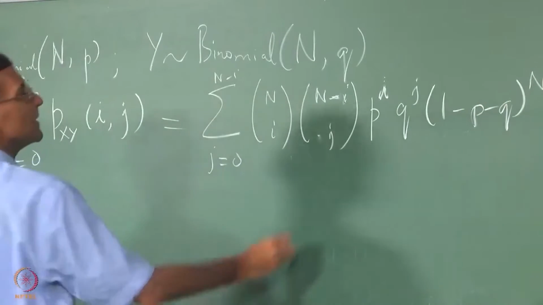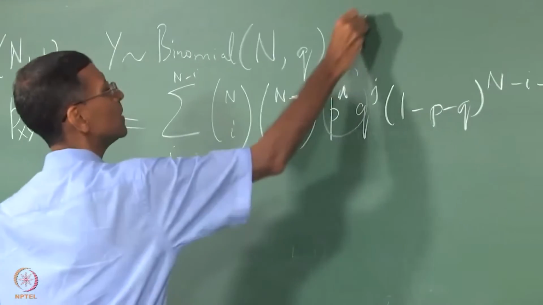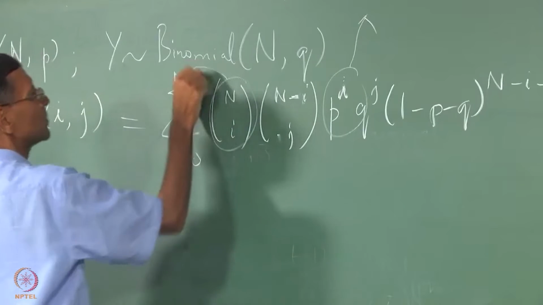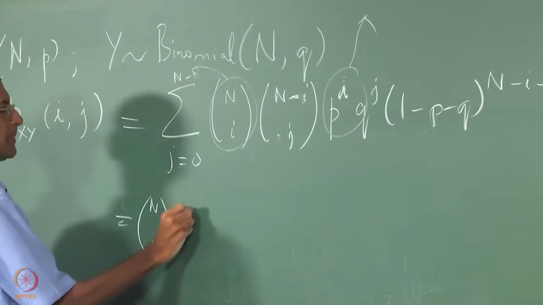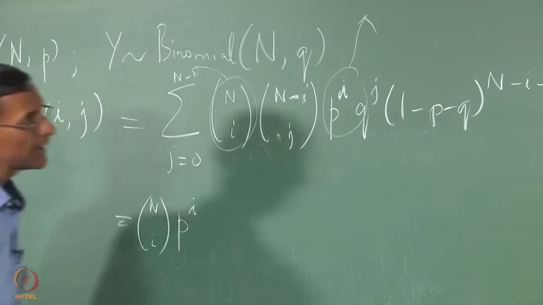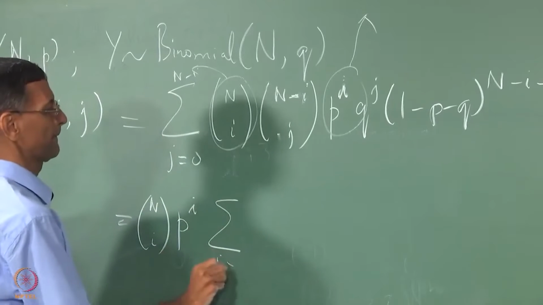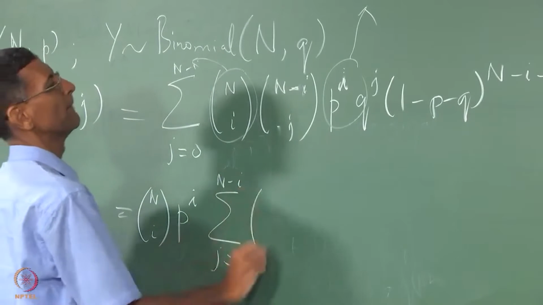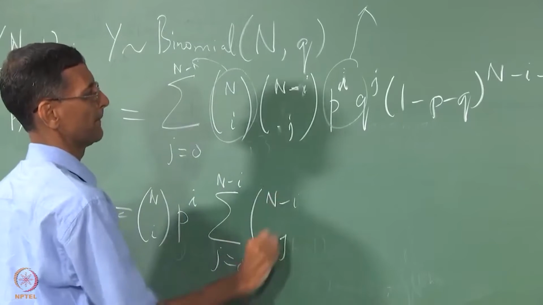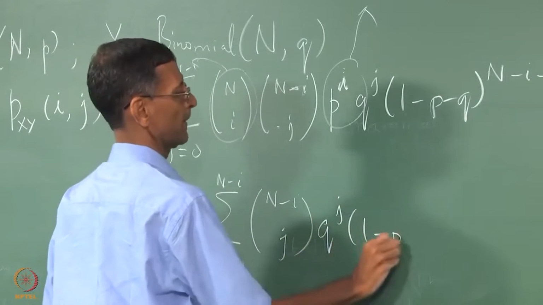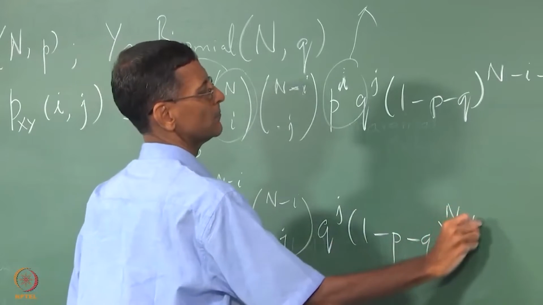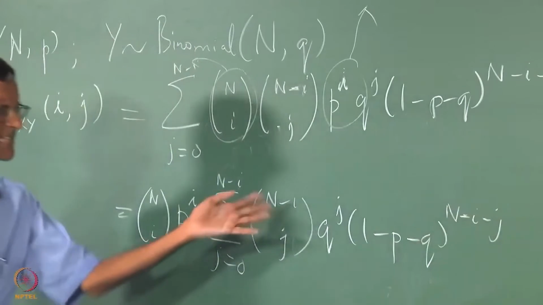So what do I do here? This term I can take out, this one also I can take out. So therefore this is n choose i p power i. What do I have inside? I think this is easily summable.